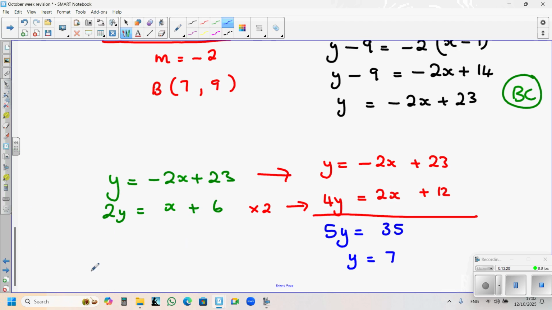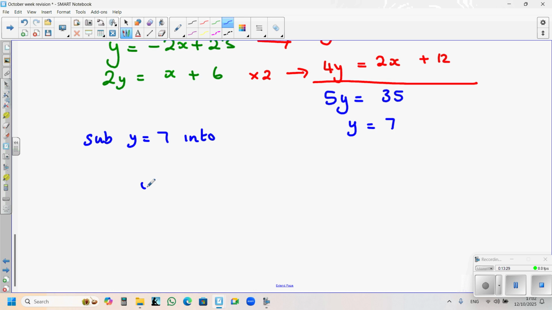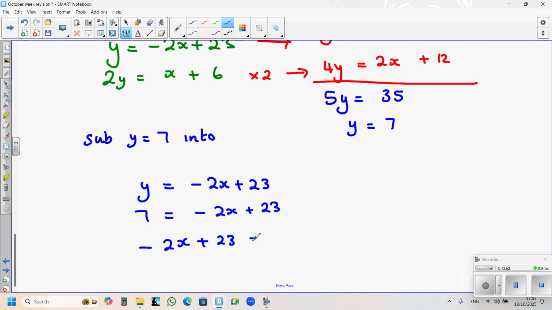So now we're going to sub y equal to 7 into one of the equations. I'll just pick the first one, so that is y is equal to -2x plus 23. Probably the second one was easier, but it doesn't matter. So 7 is equal to -2x add on 23. When we rearrange that, I'll write it around the other way, -2x add on 23 is equal to 7.